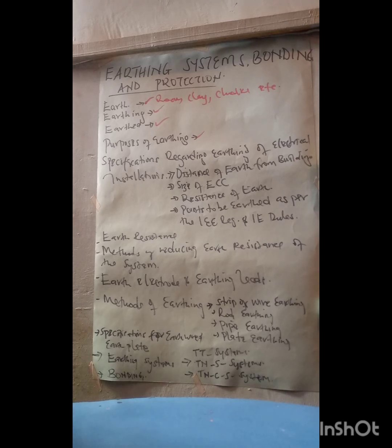Let's look at specifications regarding earthing of electrical systems. So first of all, we look at the distance of earth from the building, and very few people always do this.